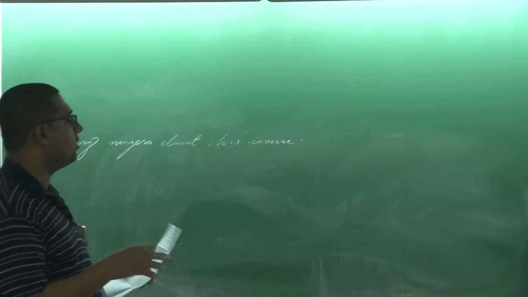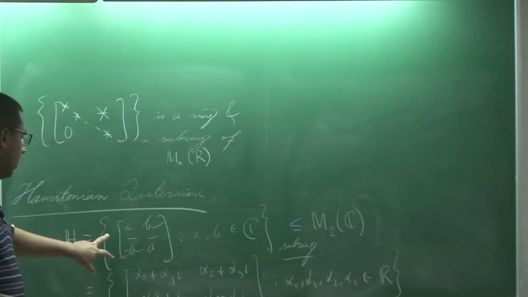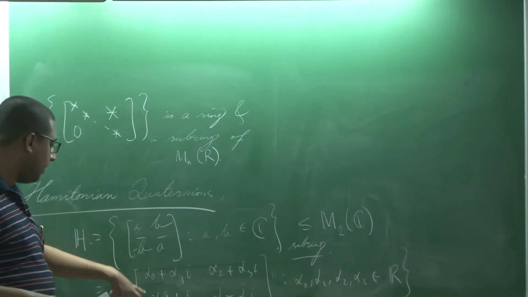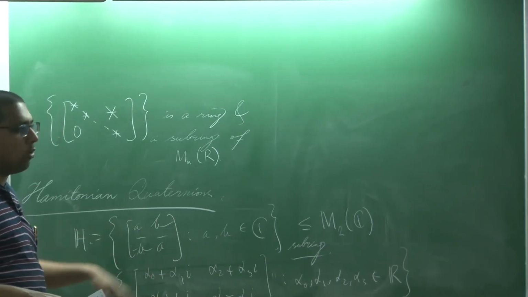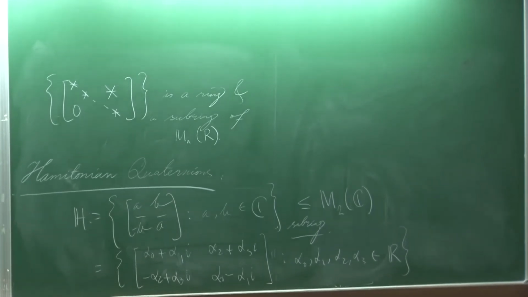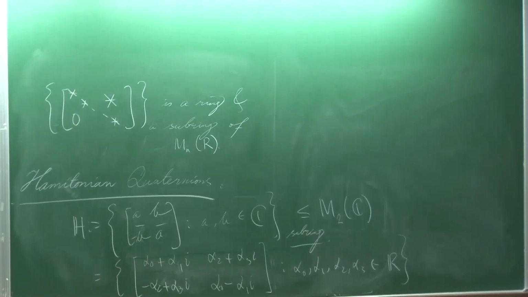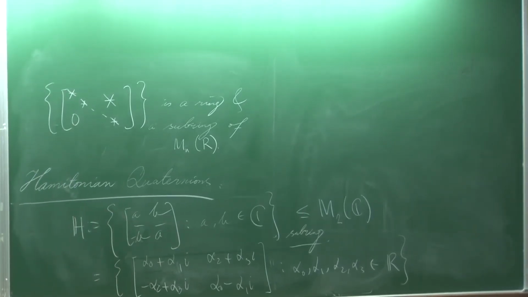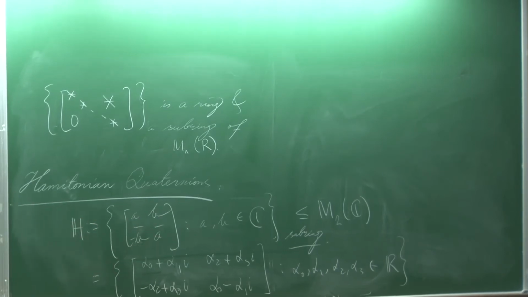This is simply because of its adjoint. So, what is the determinant of such an element? It is simply mod A square plus mod B square. Mod A square plus mod B square is 0 if and only if A and B both are 0. Otherwise the determinant is non-zero, and you see from this description that its inverse is also going to be of the same form.